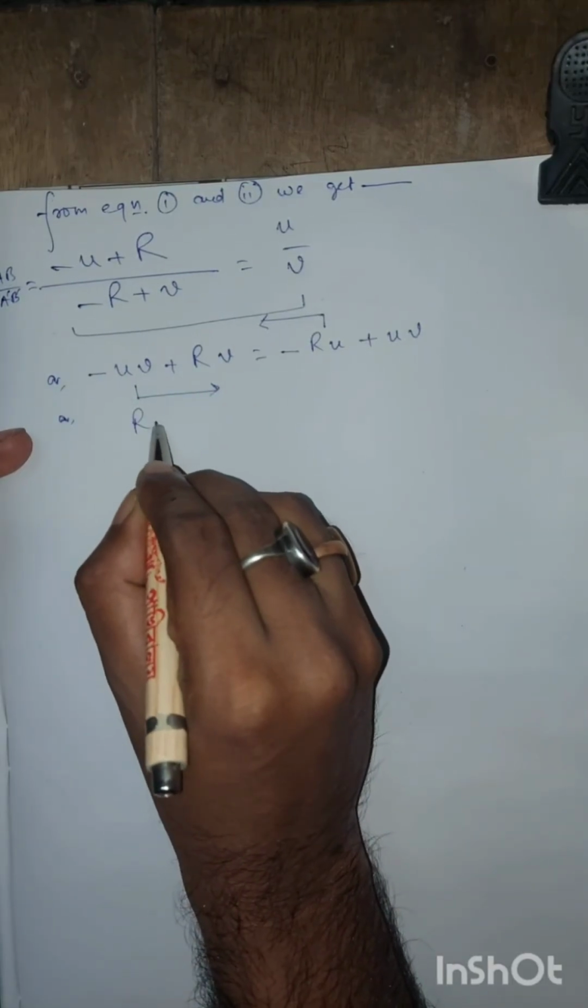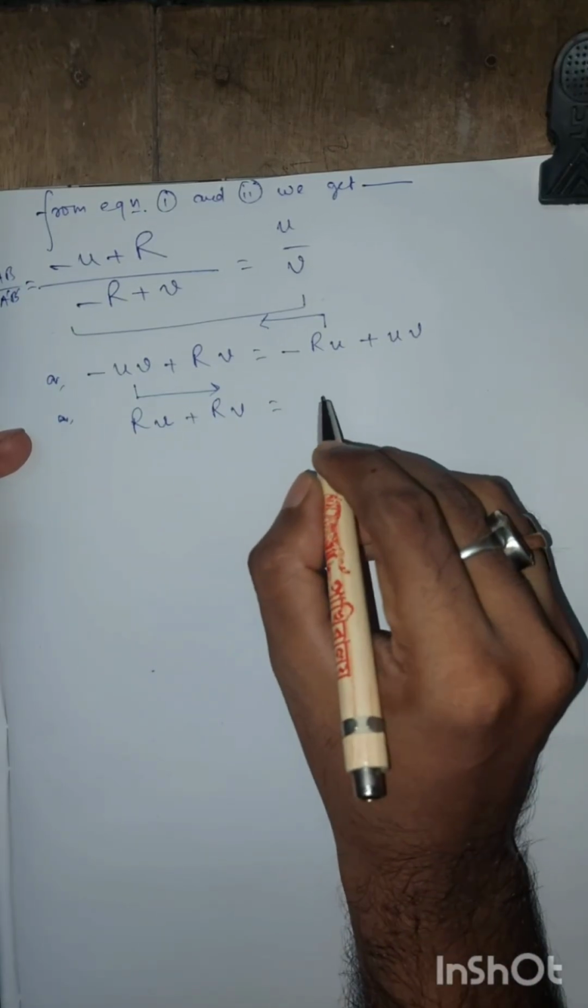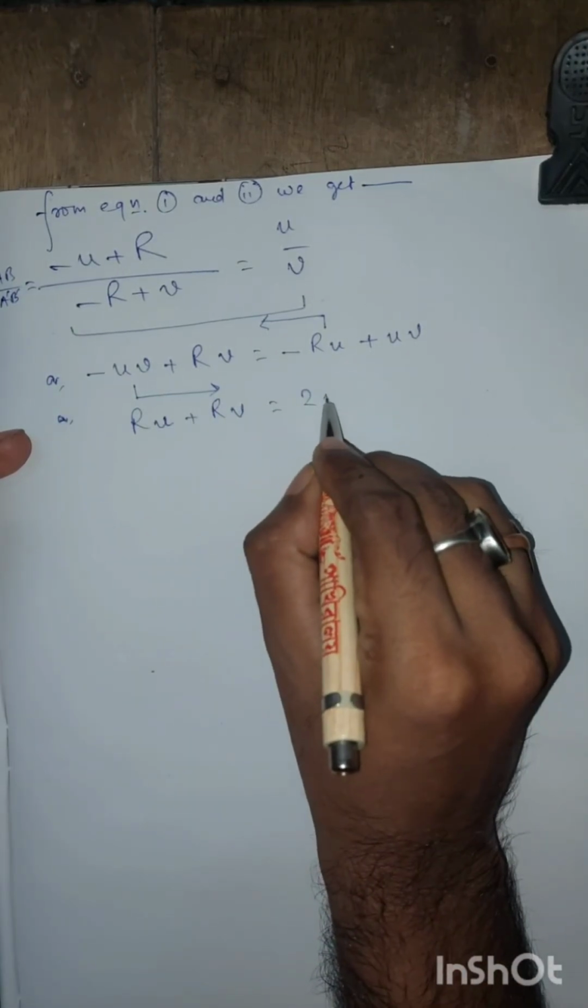So we can write Ru plus Rv is equal to 2uv.